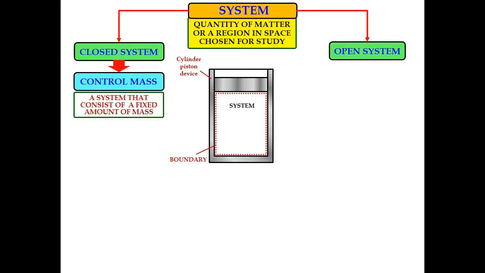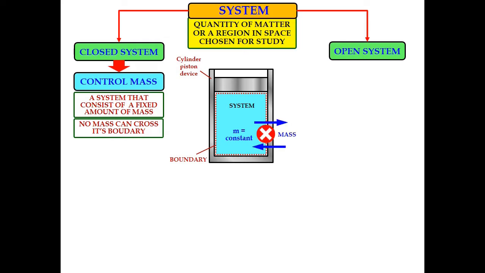A closed system is a system that consists of a fixed amount of mass, which means the substance inside our system in terms of mass will be constant throughout the process. The main criterion for the system is that no mass can cross its boundary.